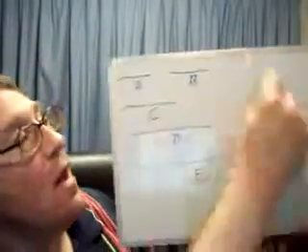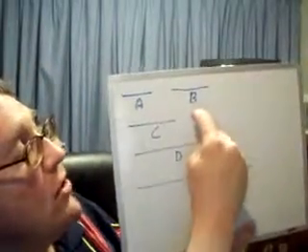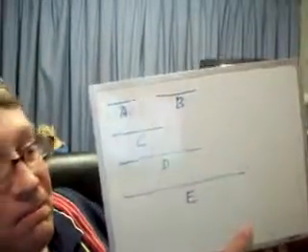Okay, let's start back there. As B is to C, so as C is to D. And we also said, since B measures C, therefore C also measures D. As B measures C, so will C measure D. That's what we're saying.